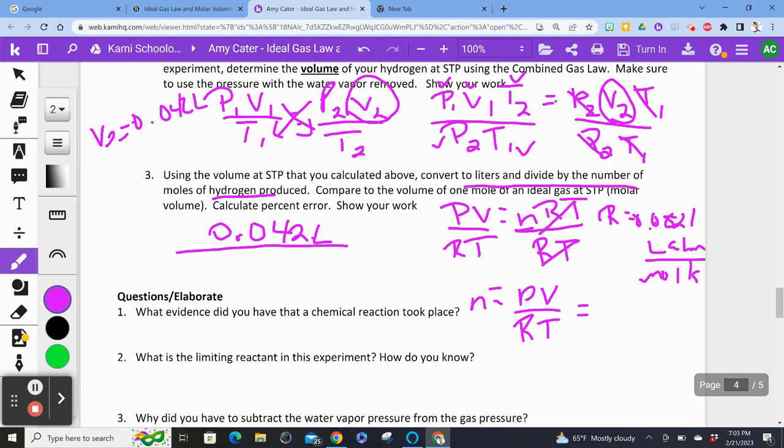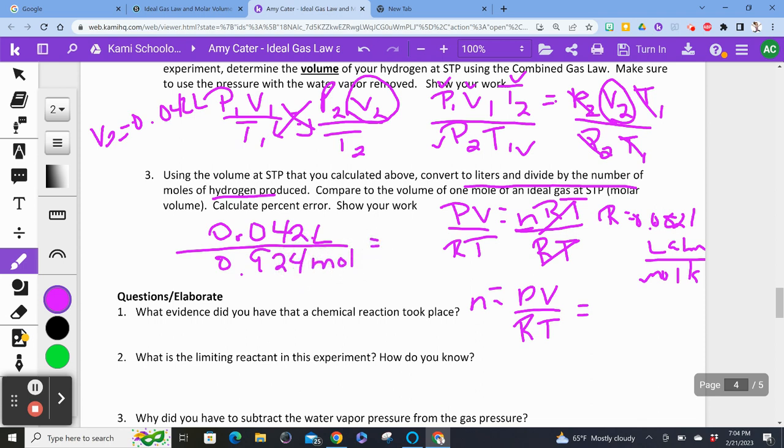And let's say that when we calculated that, and again, I'm making up a number right now, so you would use the number from your data table and plug in and solve to get the actual number there. So let's say that we had 0.924 moles.